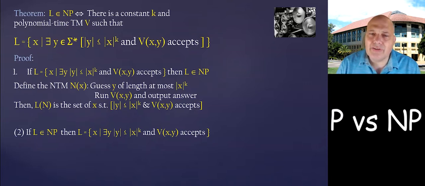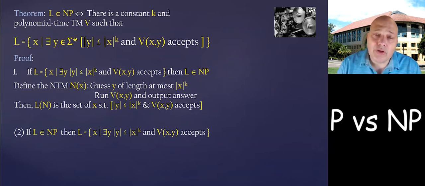And now you run the verifier on x and this y and output its answer. Since V is a polynomial time Turing machine that has a polynomially long input, x and y, the entire run is polynomial time. This is a polynomial time non-deterministic Turing machine.